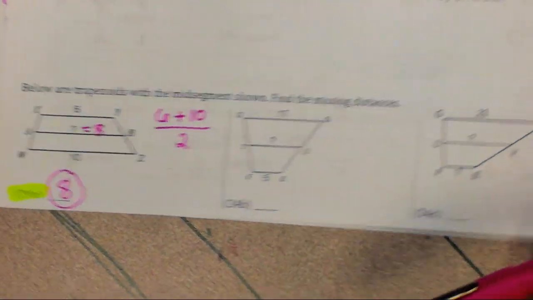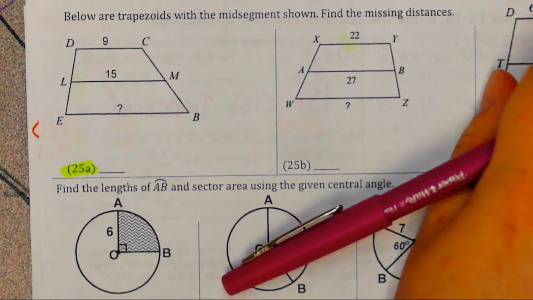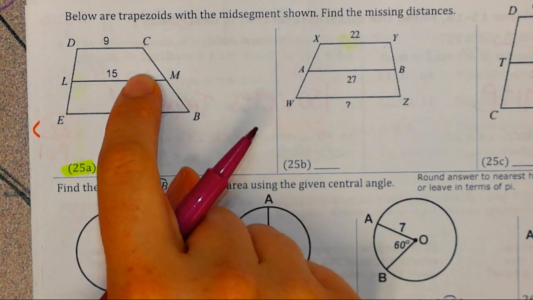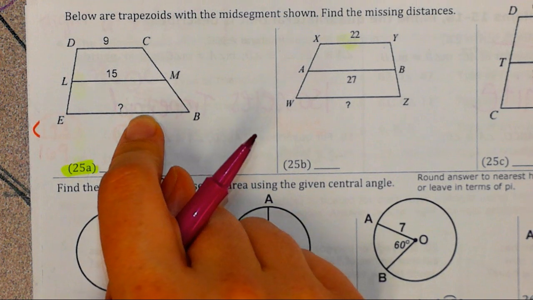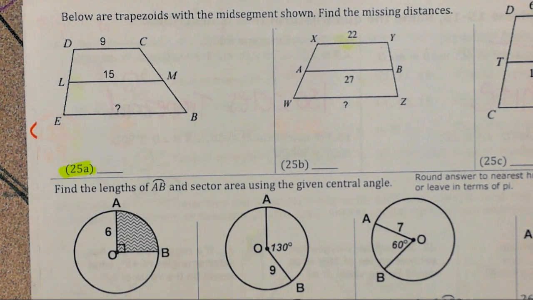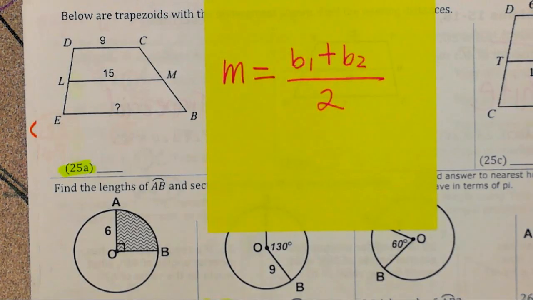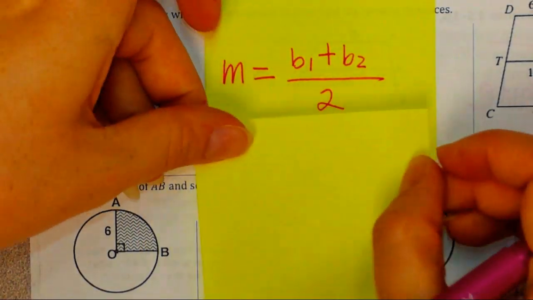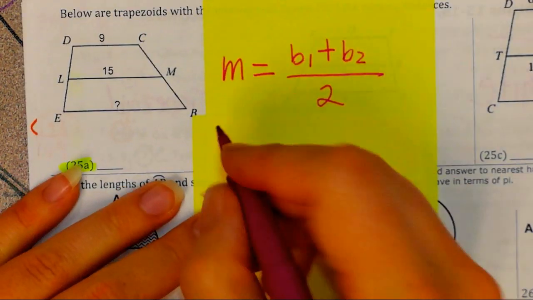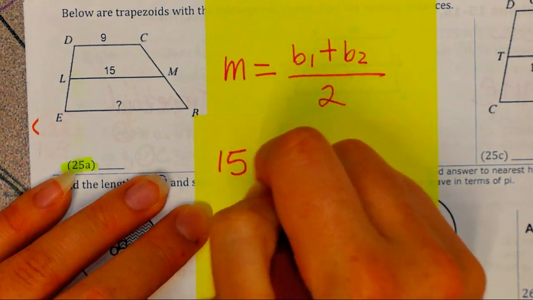All right, if you flip over to the next page, we have one more trapezoid mid-segment problem, but this time you're given your mid-segment and you're trying to find one of the bases. So what we can do is take this formula and plug in what we have. We know that our mid-segment is 15.